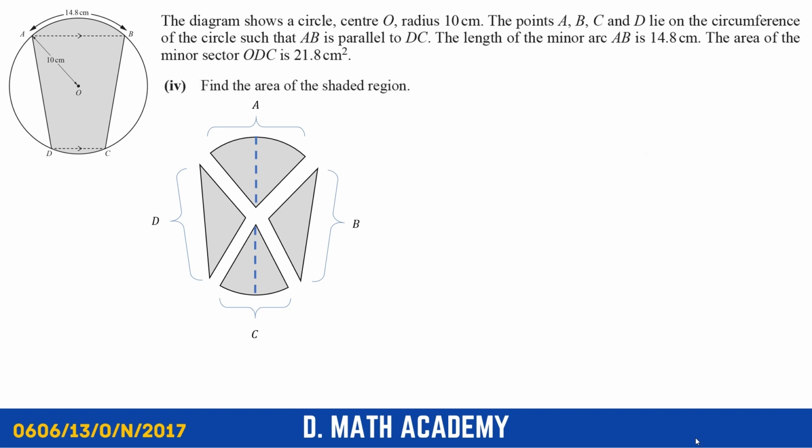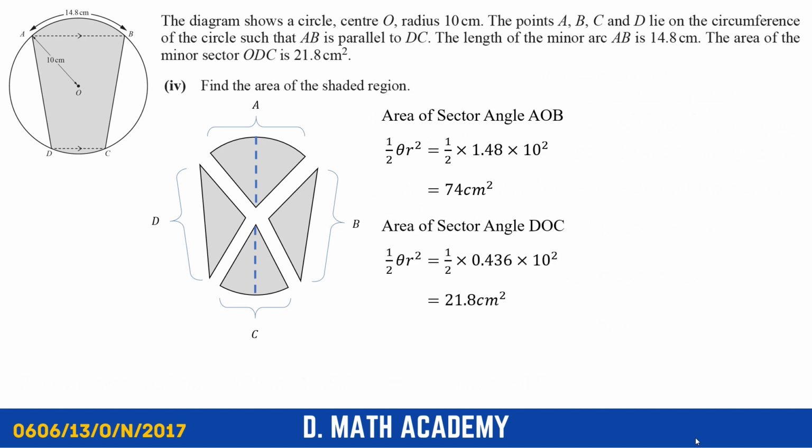Moving on, we have calculating the area of the shaded region. Things involved here are half times theta times r squared. You will get 74 centimeters squared on this. And the area of the sector angle DOC, this one you will get 21.8 centimeters squared through the calculation.